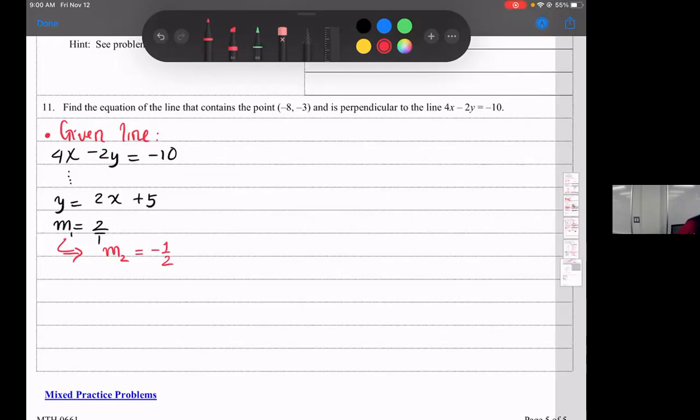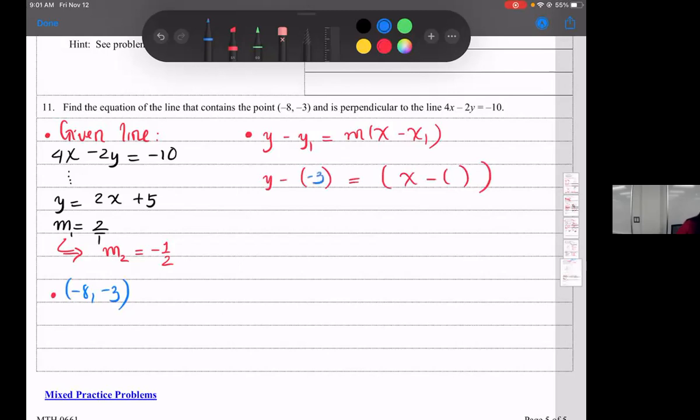A point here is -8, -3. And then you plug it in. The equation y minus y1 equals m times x minus x1. Y minus parenthesis equals slope times x minus parenthesis. Y1 is -3. X1 is -8. Be careful when you plug in the x1, y1, okay?